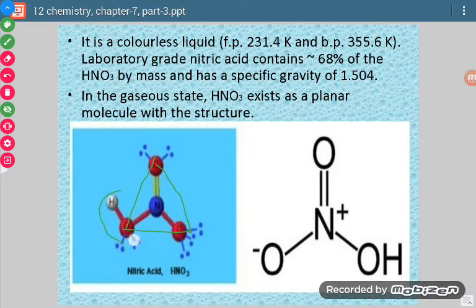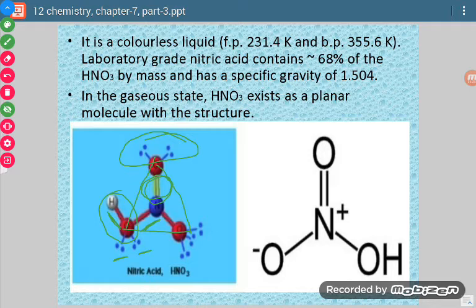This is attached with one of the oxygen atoms, and that oxygen atom has two lone pairs. See, these are two lone pairs. One electron is used for making a bond with hydrogen, another is used for making a bond with nitrogen. And the other oxygen atom, where there are two lone pairs, is bonded with a double bond to the nitrogen.